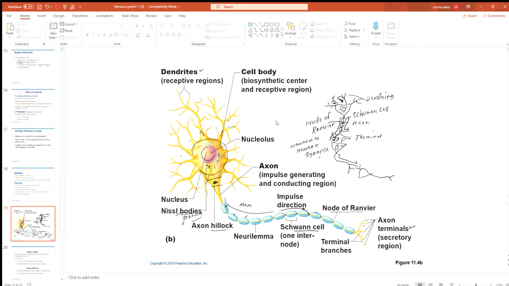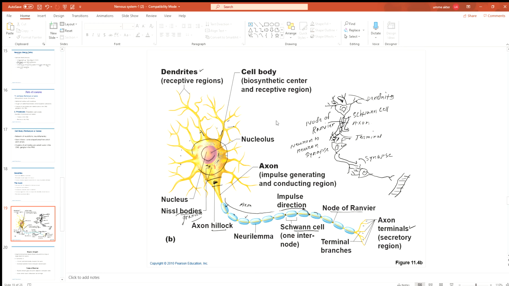Again, the dendrites take the signal from the axon terminal of the previous neuron, and that is a synapse. Now also, a synapse could be between the neuron axon terminal and the muscle fiber. You already have learned about this.